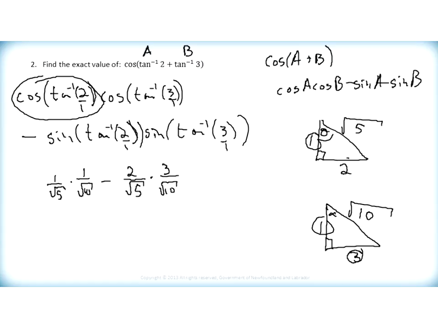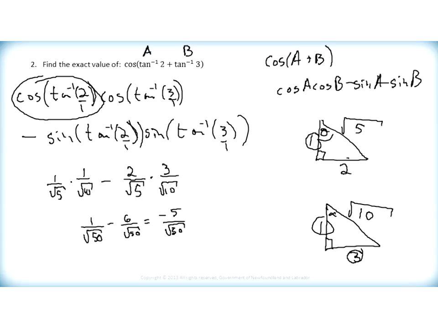Okay, so the first triangle, or the first fraction, excuse me, gives me 1 over root 50. Subtract 6 over root 50. And instead of having to rationalize those independently, since they have a common denominator, I know that that's negative 5 over the square root of 50.